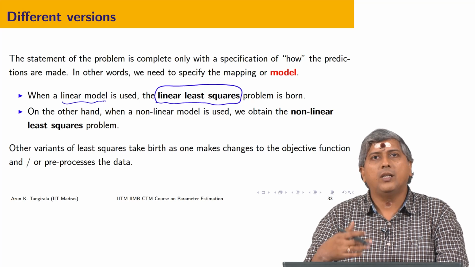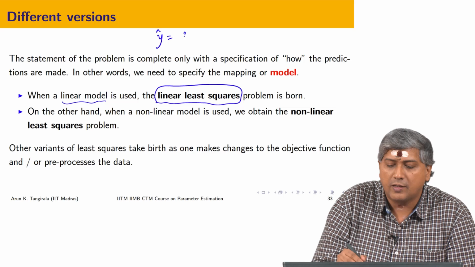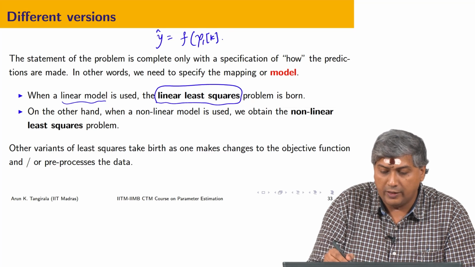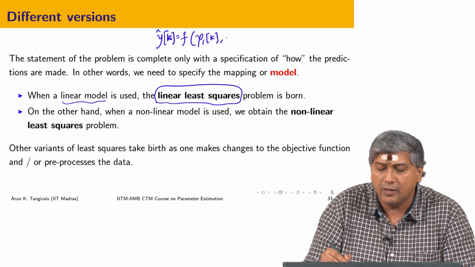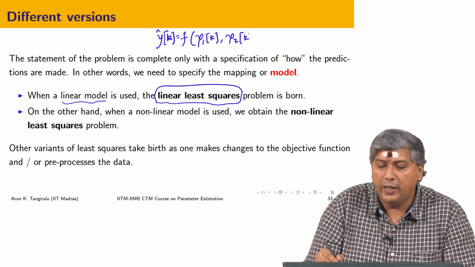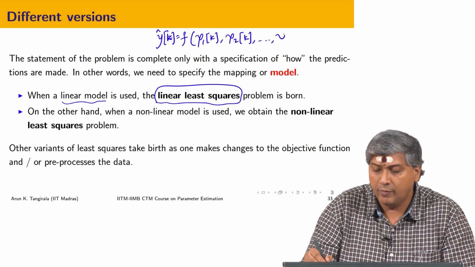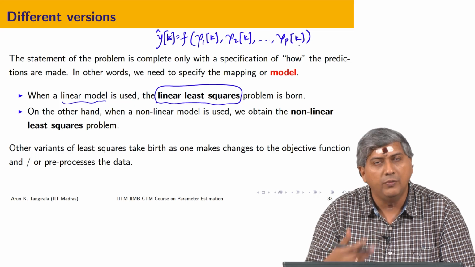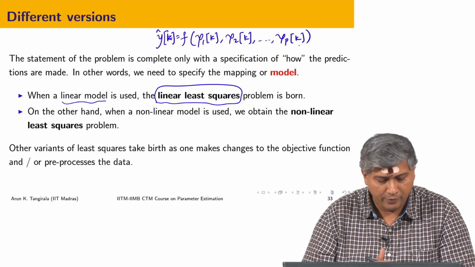But more importantly, you can think of the approximation. Essentially we are saying y hat at any kth observation is some function of your p regressors or explanatory variables, and if this function is linear, we have a linear least squares problem, and if this function is nonlinear, then we have a nonlinear least squares problem.